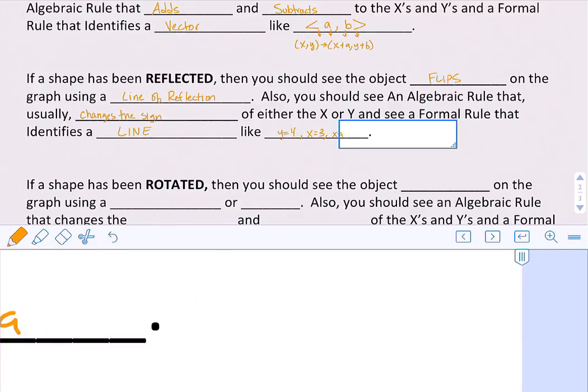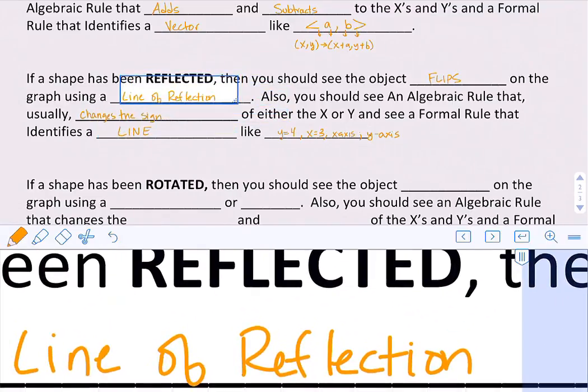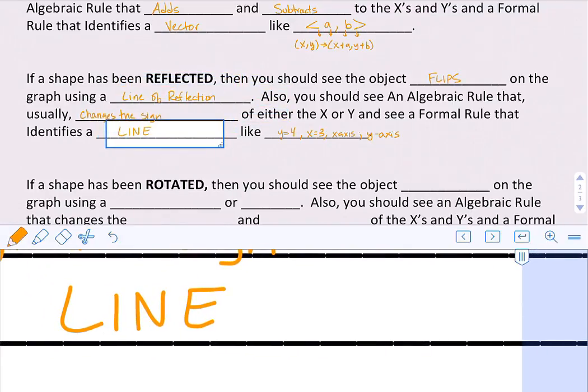I spelled axis wrong. And so the important thing is that you identify what that line of symmetry is. So the line of reflection, you have to identify within the rule.